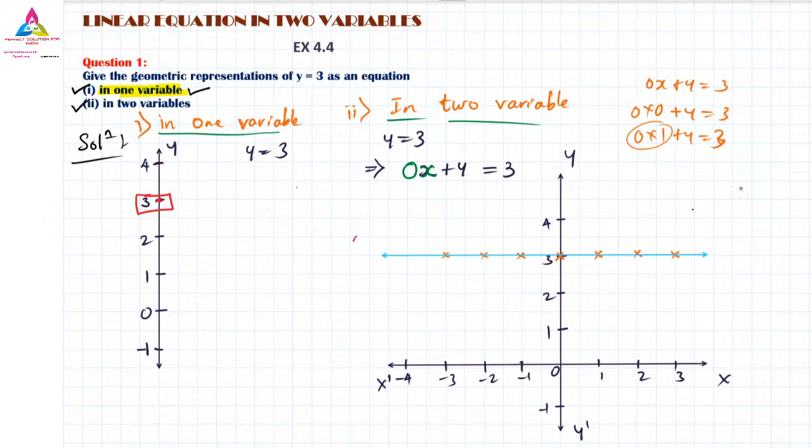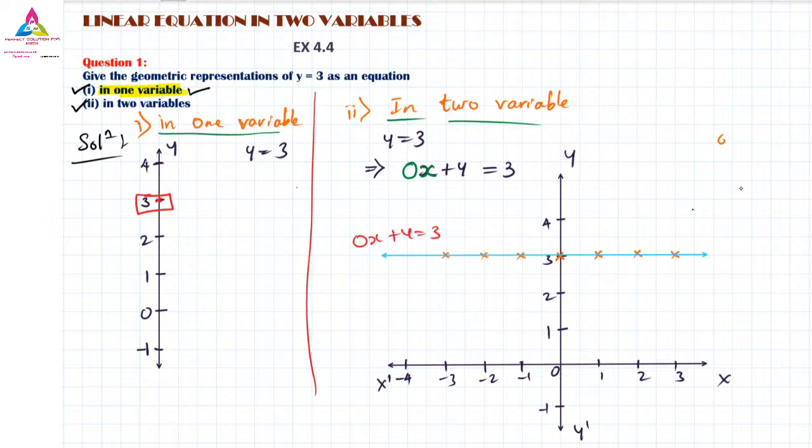So write here 0x plus y is equal to 3, the equation of this. No need to write this down, it is only for your understanding. No doubt? Okay, let us move further.